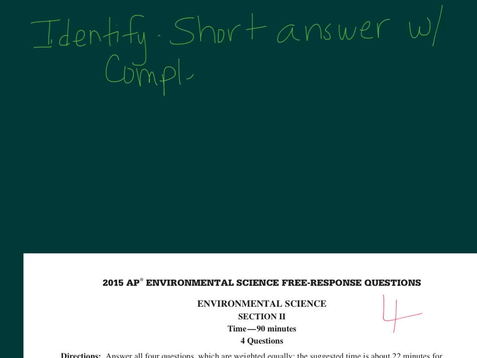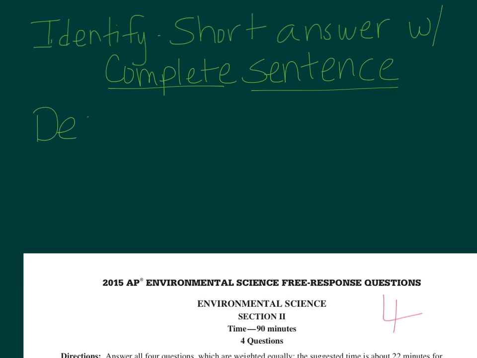This is where students have trouble. Some students only write 1 or 2 words and they think they're good and they're not. It must have a complete sentence with a noun and a verb. It can be a short sentence, but it must be complete. The next one is describe.